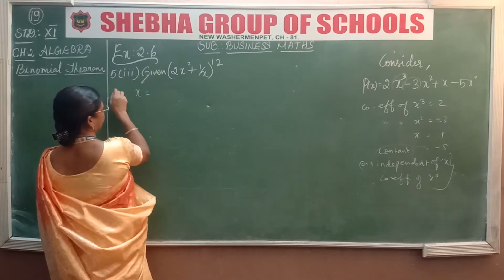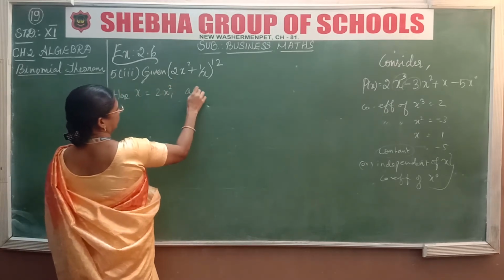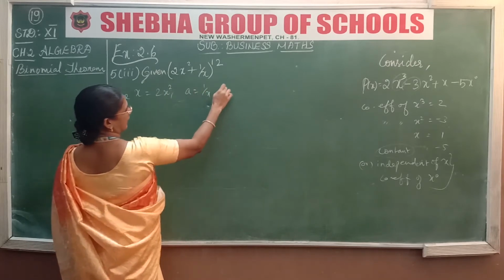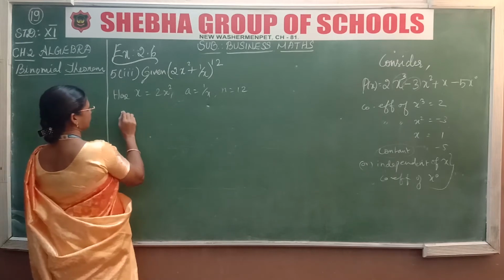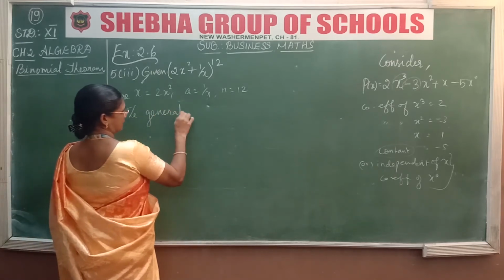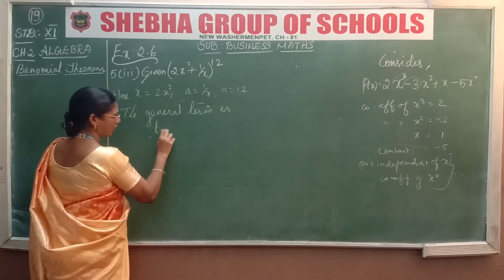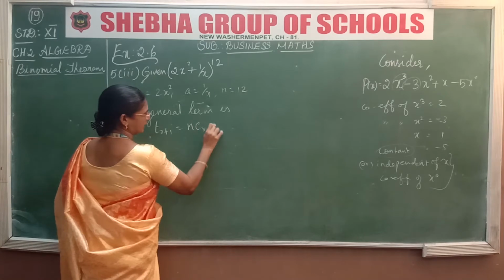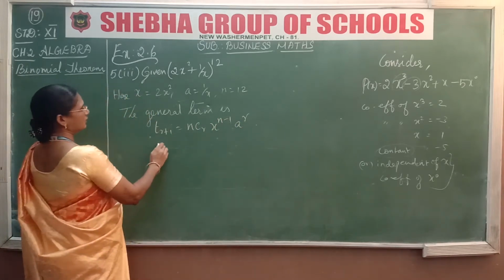What is x here? Here x is 2x square and a is 1 by x and n is 12. Okay, next write the general term formula. The general term formula is T r plus 1 equal to nCr x power n minus r into a power r.